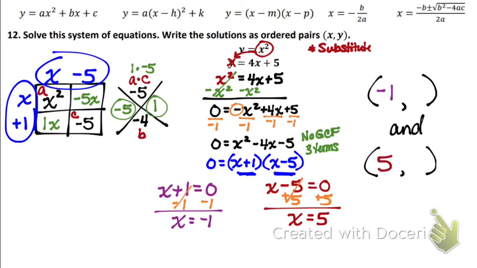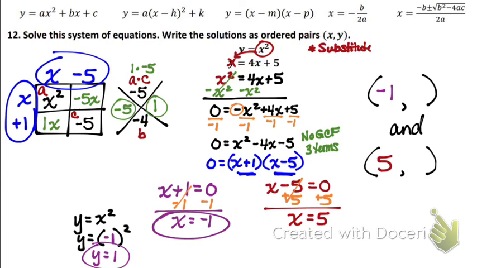How do I find the y parts of the ordered pairs? Substitute x back in. I can use either one of those original equations. You want to use 4x plus 5? Could we use x squared? Yes, you get the same answer either way. If I did x squared, what is negative 1 squared? 1. What is 4 times negative 1? Negative 4.